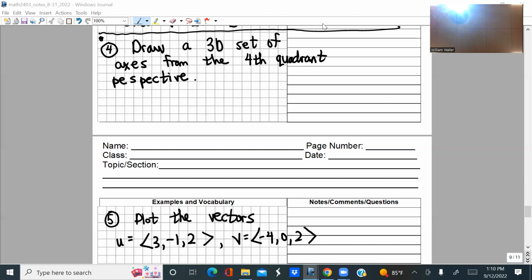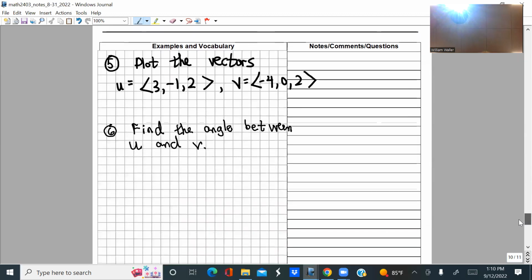Okay. All right. So quickly here, y'all did a really good job. Even if you didn't get the right perspective on the axes, in terms of drawing the vectors, that's meaningless because you can put the vectors in no matter what perspective you got there on the axes.